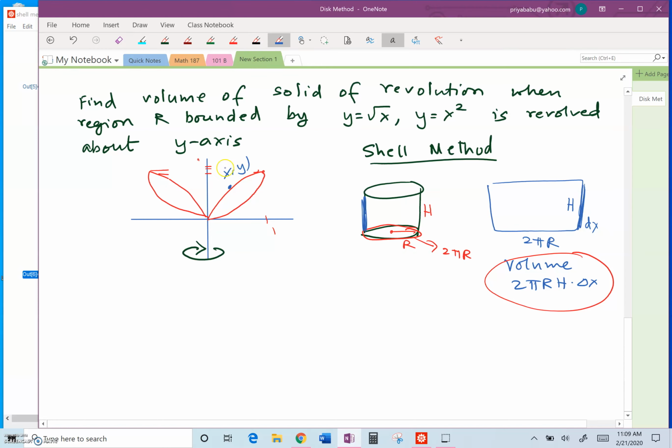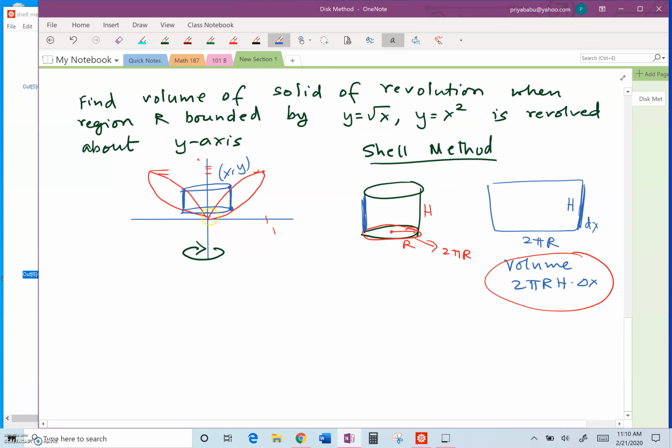Take a point x comma y on the graph and draw a vertical line parallel to the axis of rotation, which is going to revolve about the y-axis. So a shell is formed like this. This is at a point x, y, and x, y itself is a moving point on the graph. This point could have been anywhere, at 0, 0, or at the right end.